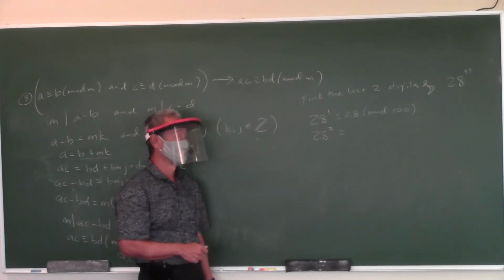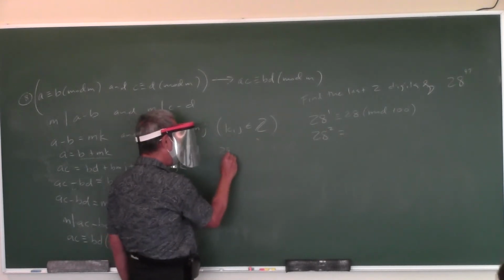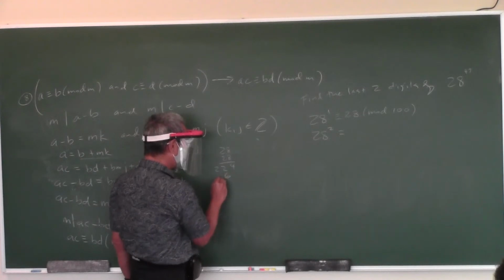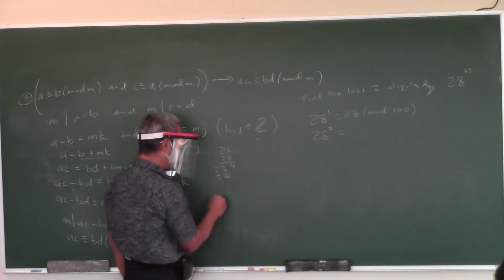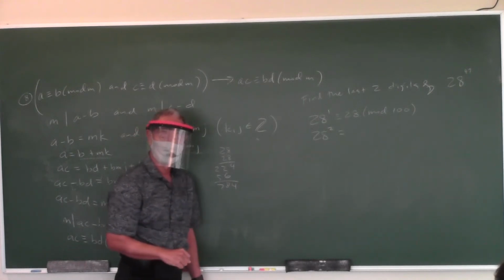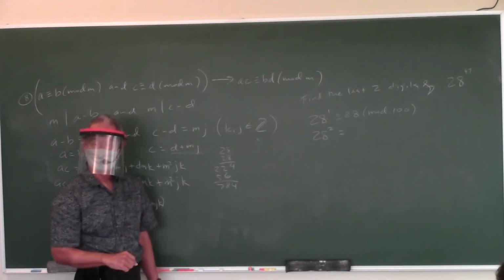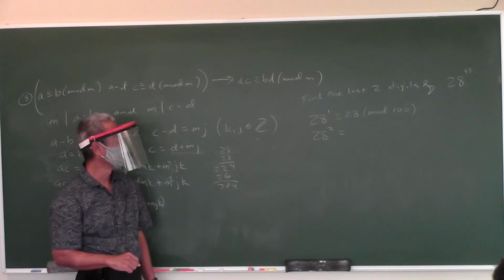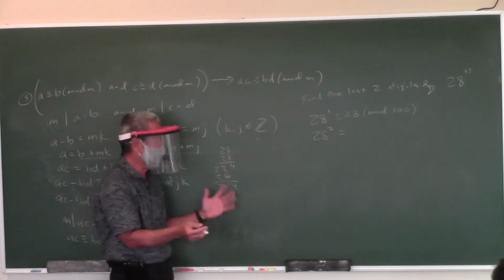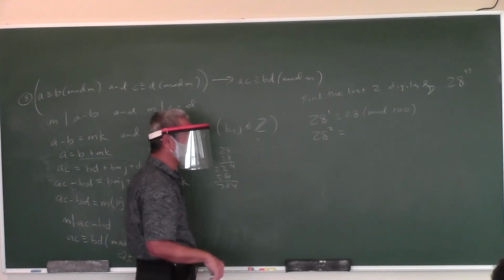How do you do it? Go like this, 28 times 28. 4 carry 6, 6 carry 1, so 784. You can also use 20 plus 8, or 30 minus 2 squared. Whatever arithmetic things that you have.